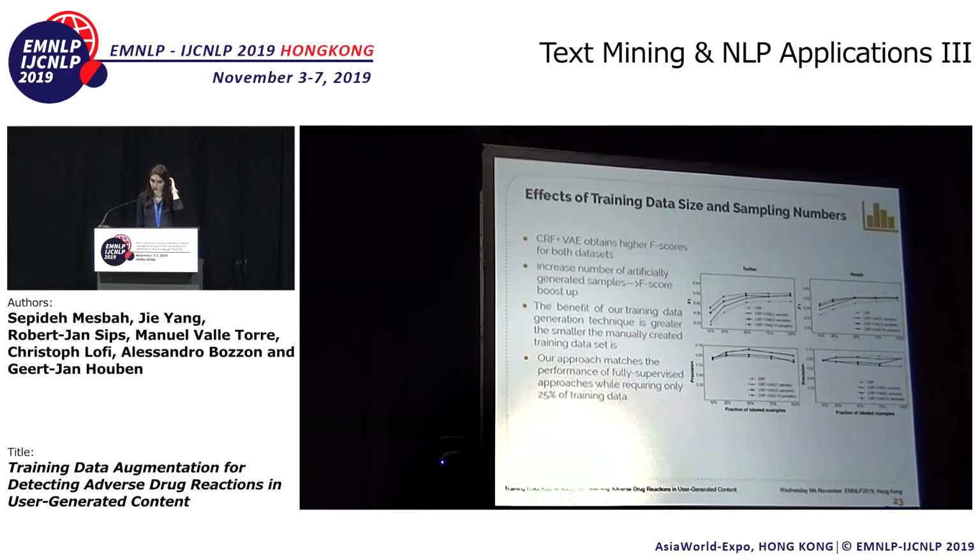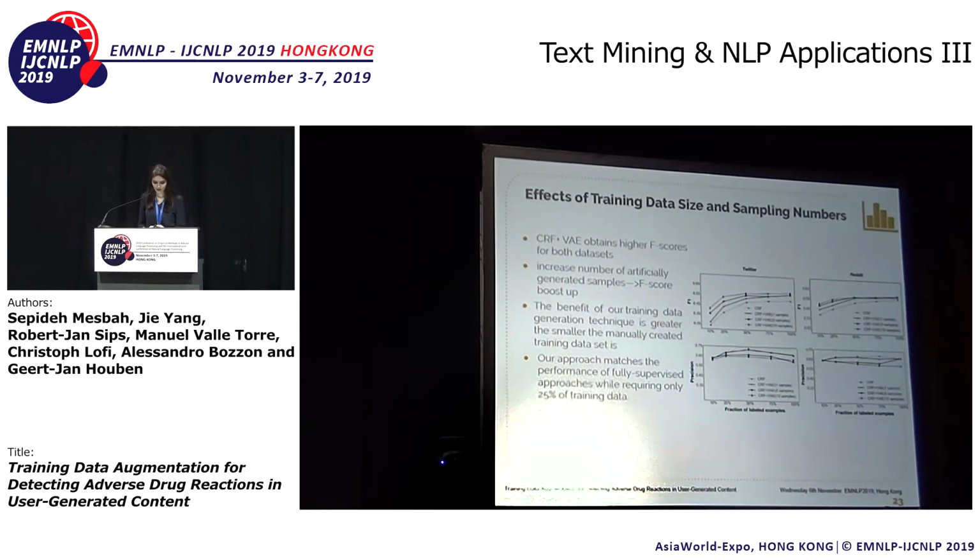We randomly collected a subset of training data, like 10%, 25%, and so on, and repeated this experiment 10 times and took an average. We can see that in all cases, both in Twitter and Reddit, adding the variational autoencoder, the data expansion step, leads to a higher F-score in both data sets.